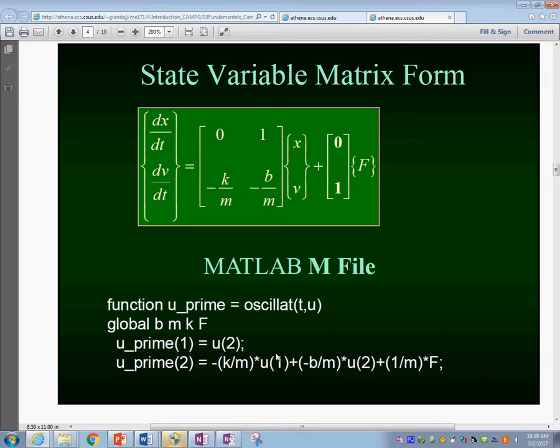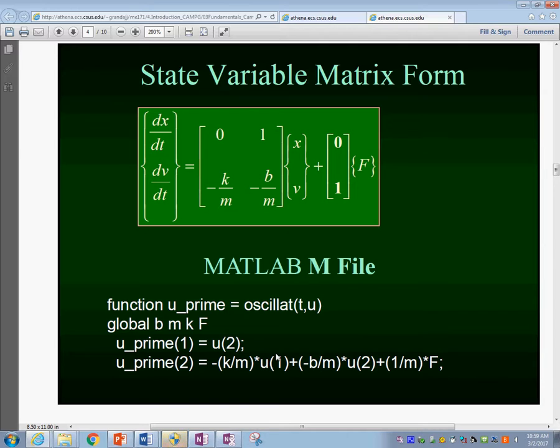This is the idea. The computer will deliver the equations to MATLAB in the Cauchy form, which is the explicit first order form, or it delivers them in this form called the state space form.